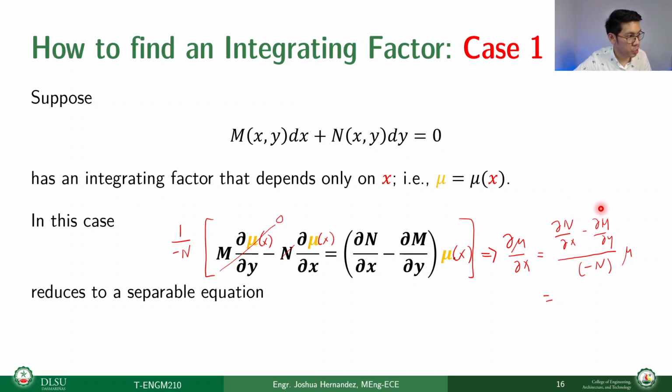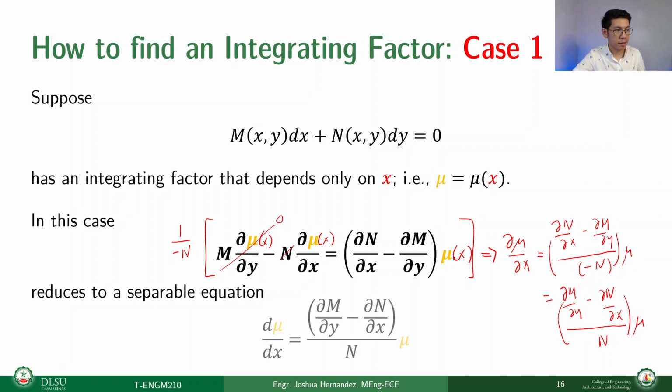So, interchanging lang yung position, we're gonna get partial derivative of M with respect to y minus partial derivative of N with respect to x all over positive N na and then multiplied to mu. Yan. This is that equation. Yan. Doon siya nanggaling. So, sinimplify lamang.